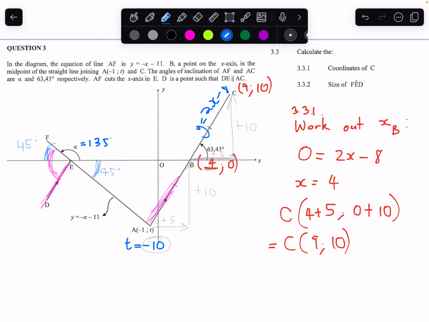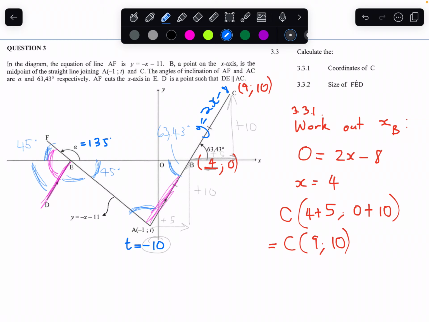Again with vertically opposite angles, we know that this is 63.43 degrees. So that allows us to work out this because angles in a triangle, and then that allows us to figure out what AED is, which allows us to figure out what that is. That might have been a very long-winded route, but it got us to our destination.